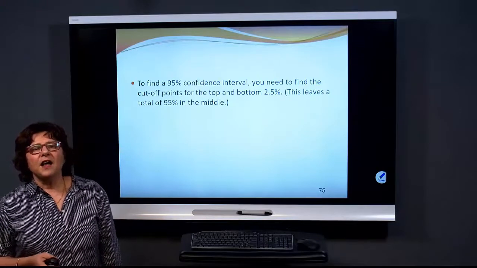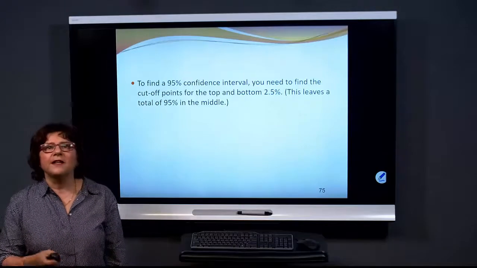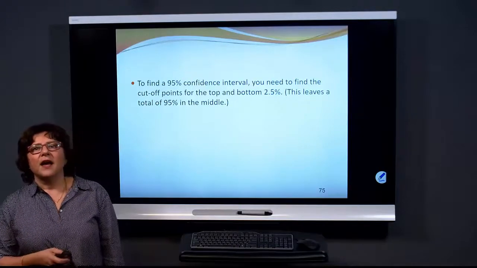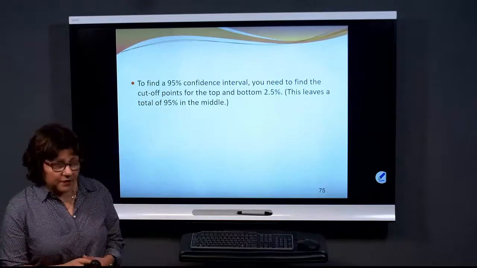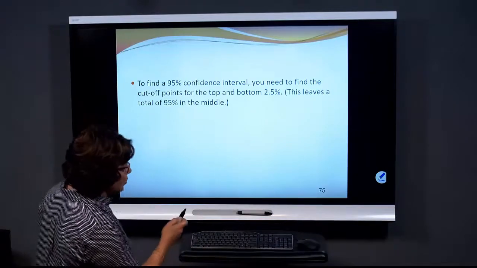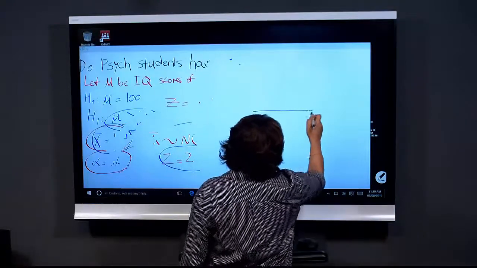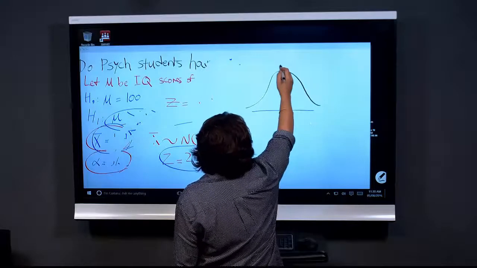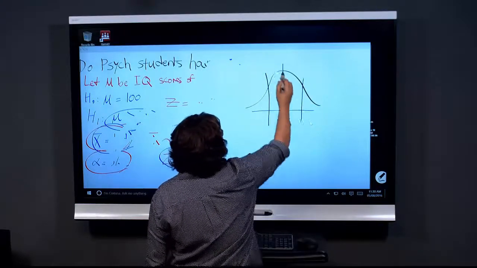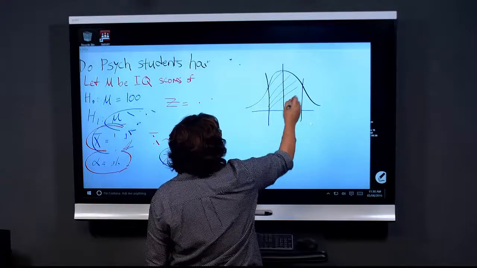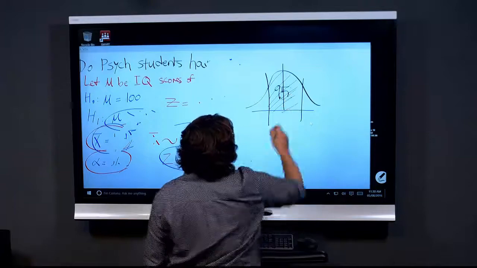Now, to find a 95% confidence interval, you need to find the cutoff points for the top and bottom 2.5%. And this leaves you 95%. So what do we mean by that? I have my normal distribution, and 95% confidence interval means that this area in here takes 95% of the data.